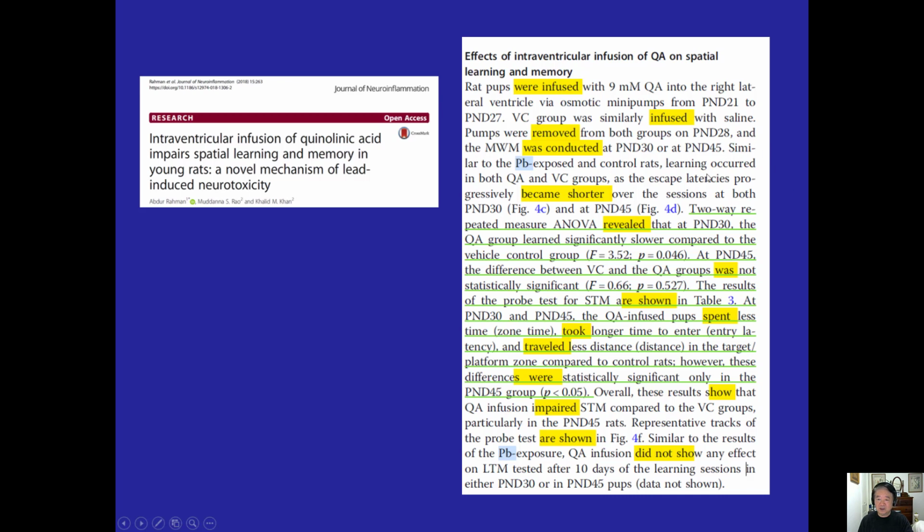Now you come to here, the way they present the results, they use the statistic type of language to present the results. You come from here, there's a two-way repeated measure ANOVA revealed that at postnatal day 30, the quinolinic acid group learning significantly slower compared to the vehicle group.